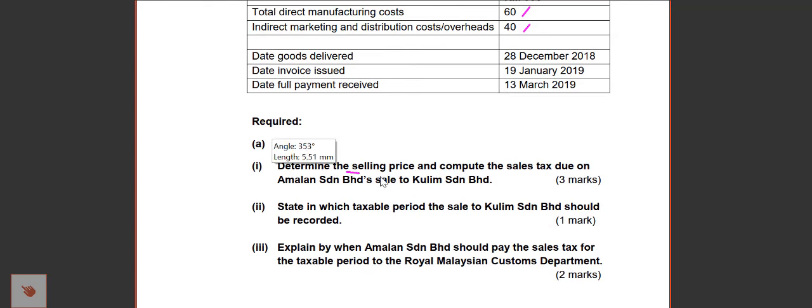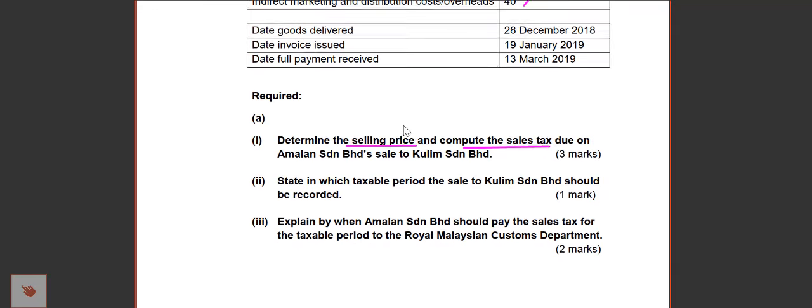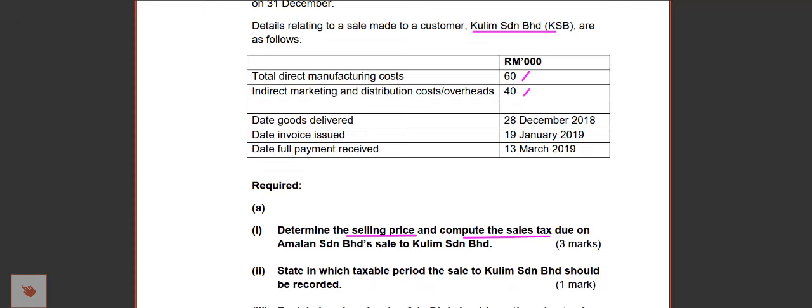Okay, first, what is the selling price and the sales tax? Now, I think that's very straightforward, right? The selling price is obviously your cost. So the manufacturing cost is 60,000, and then your marketing overheads, this is part of your overhead, so that's 40,000, so the total cost is 100,000.